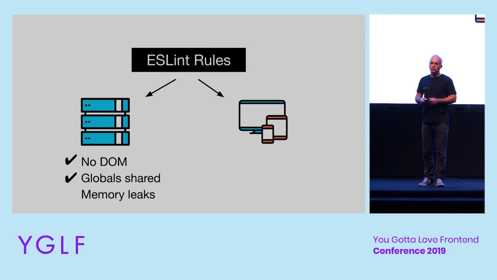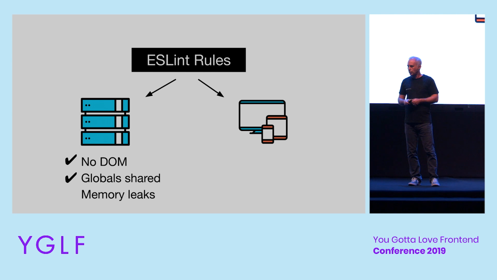It turns out that ESLint was a very powerful tool in our belt for successfully implementing server-side rendering. For those of you who are not familiar with it, ESLint is a linter tool that verifies that you're coding your JavaScript according to particular standards. And what's really cool about ESLint is that it's extensible, so you can add your own rules.